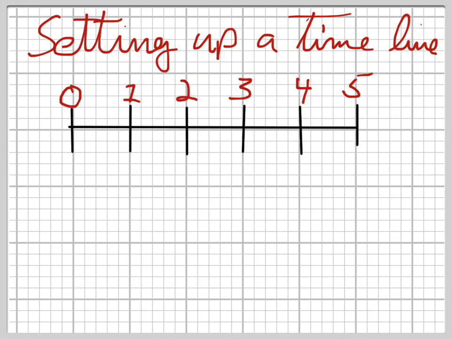Now, there's nothing magic about these time periods, nothing particular. This could be 5 years, it could be 5 quarters, it could be 5 months, it could be 5 days. It's simply whatever the number of period or whatever the periods are that you're looking at for your problem.